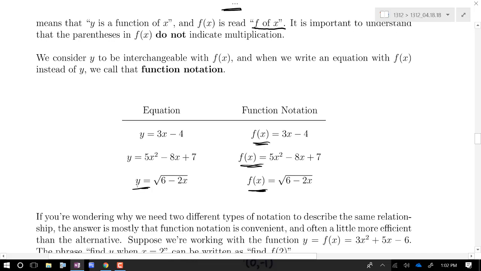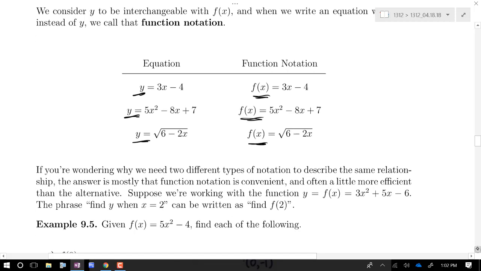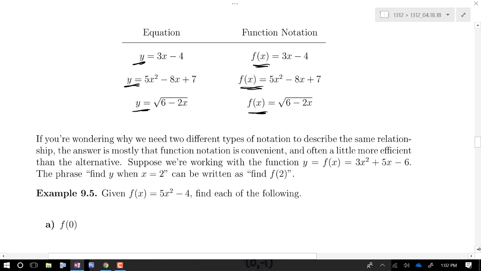That's literally the only difference between the left column and the right column here. Function notation is convenient because it affords us a more efficient way of saying find y when x equals 2. We can just write find f of 2, and that's what this means.